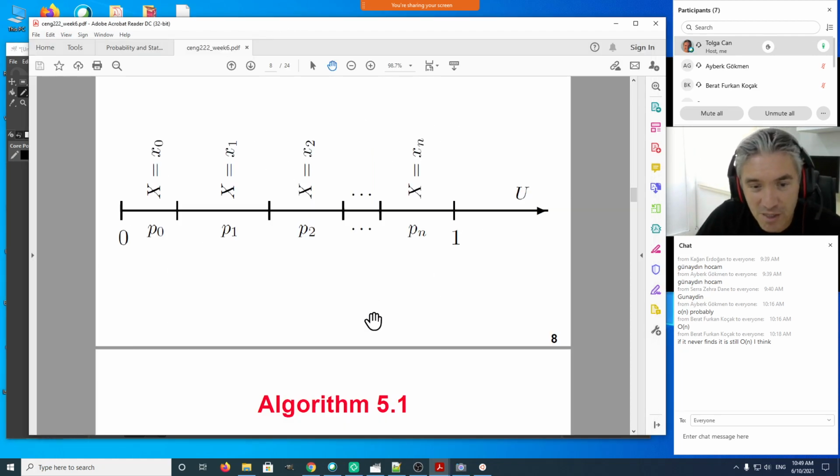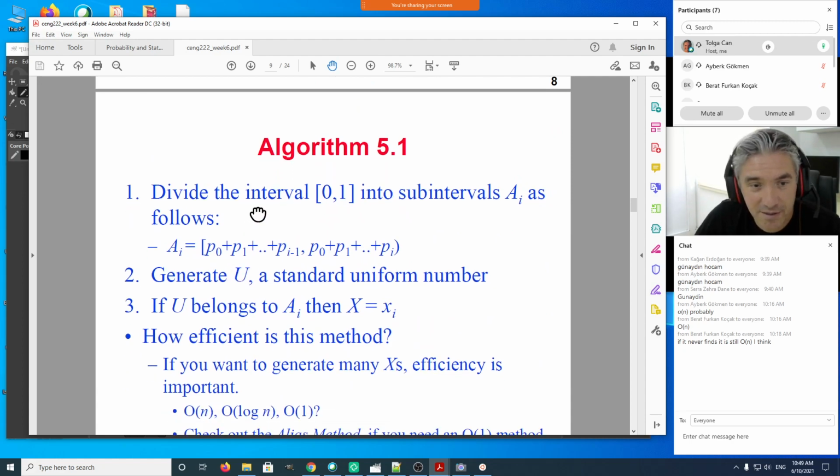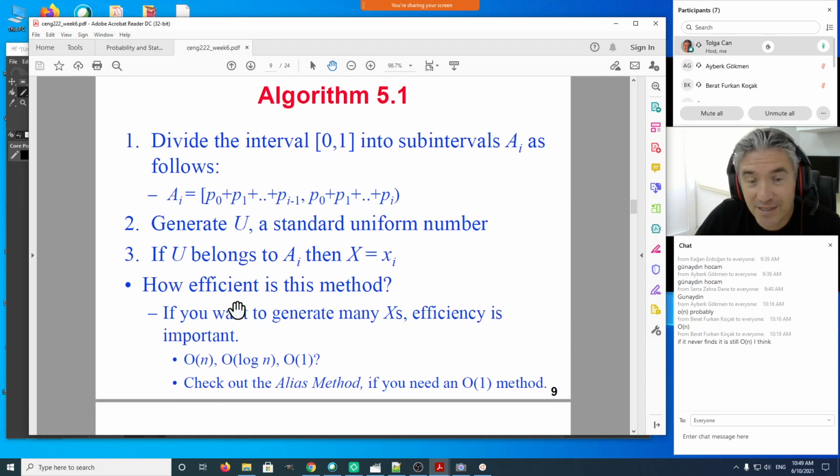Okay, and this algorithm in the book, on the other hand, is an O(n) time algorithm in the worst case. For any distribution, it generates a single random number, and then it tries to find which interval it belongs to by iteratively looking at intervals from the beginning until it finds where it falls. So in the worst case, it's going to go over all the intervals.